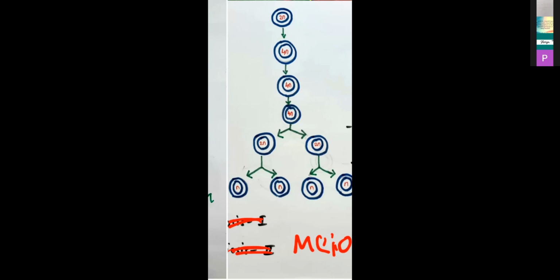Chromosome number in mother cell and daughter cells, is it same or different in meiosis? Different. Difference में कैसा है वो? Yes, half. We call it half the number of chromosomes in each daughter cell as compared to the mother cell.